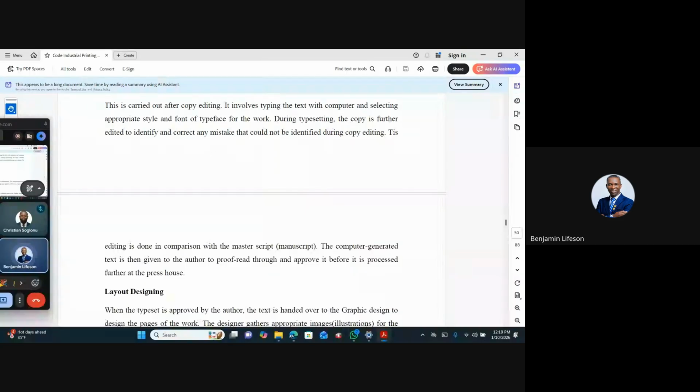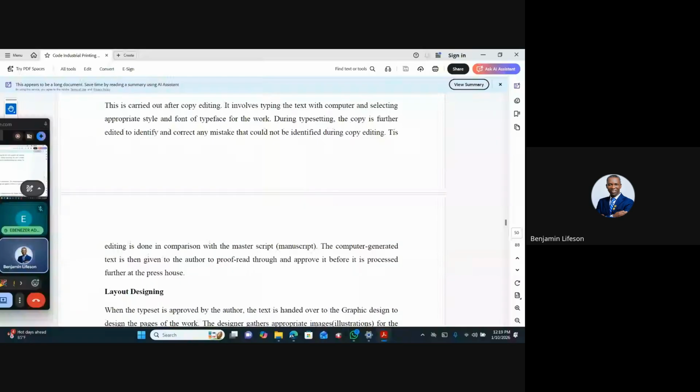So during the typesetting, the copy is further edited to identify and correct mistakes. So at every stage, we may have to correct mistakes over there. So that is why it is not prudent for one to be doing all this.